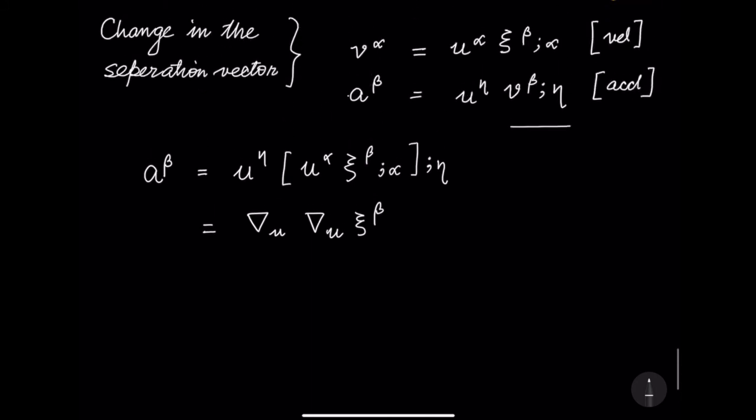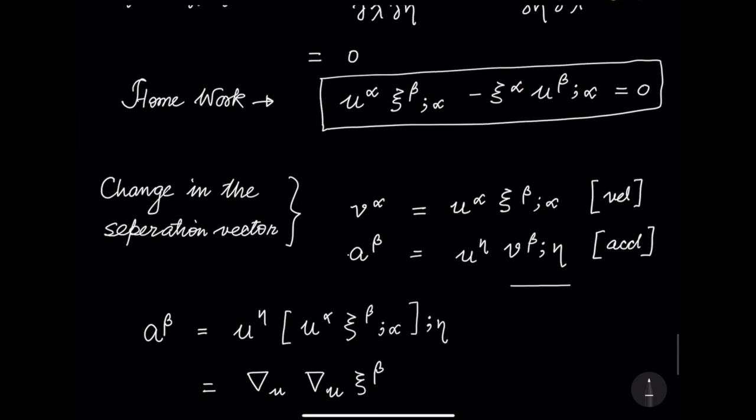What we have just shown here, if I write this down in this language, this is covariant derivative in the direction of u of xi beta. That is same as, if I switch the minus to the other side, covariant derivative in the direction of xi of u beta. These are same expressions.